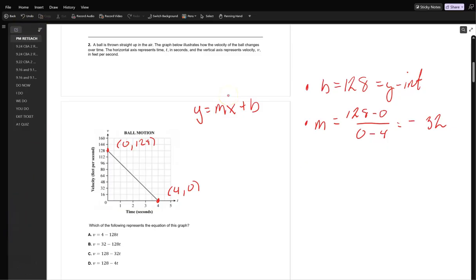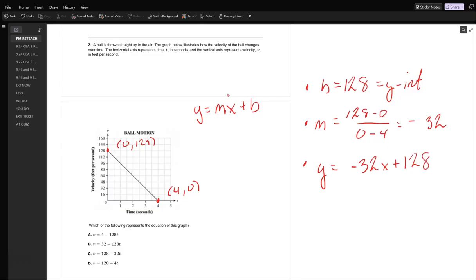So if we apply the finishing touches, we have y equals mx plus b. In this context, we're using t and v.